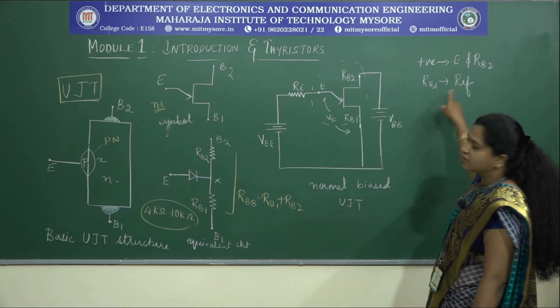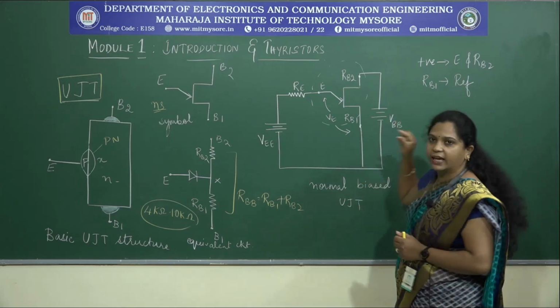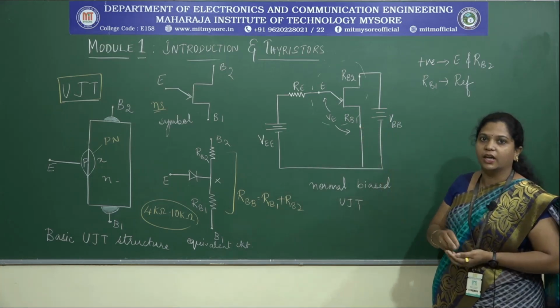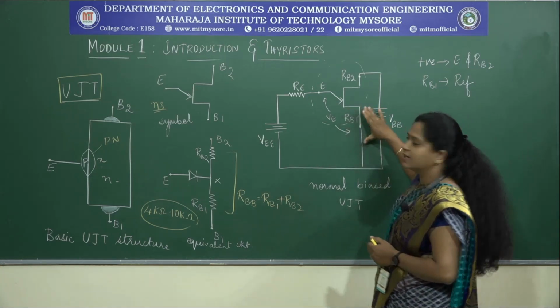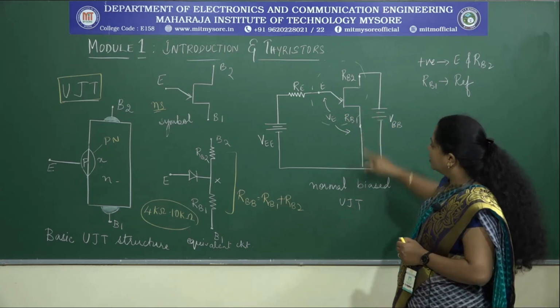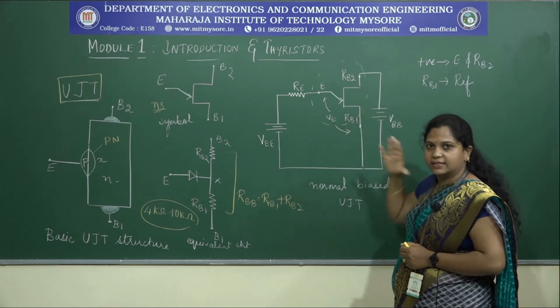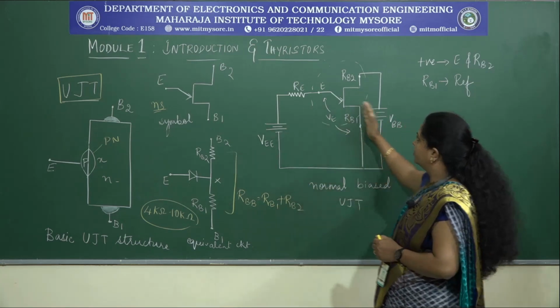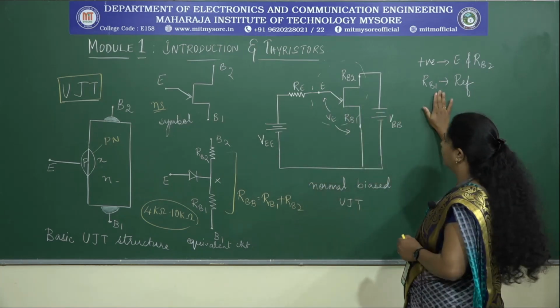Whenever you measure any voltage across the UJT, to know the actual output voltage, you take RB1 as the reference point.